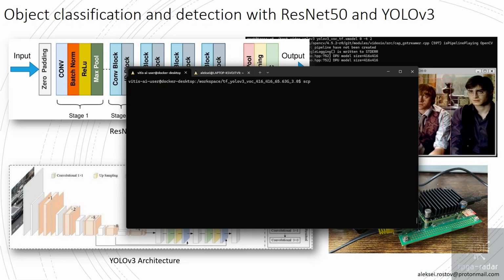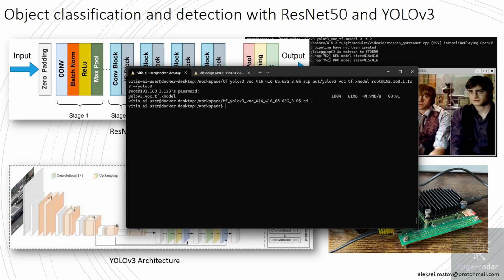I will copy the YOLOv3 model to root at the target, in the YOLOv3 folder. Okay, password. Okay, let's check. Oh, sorry. Yeah, so I have the file here. Nice.